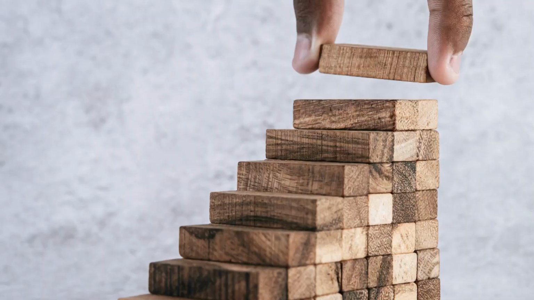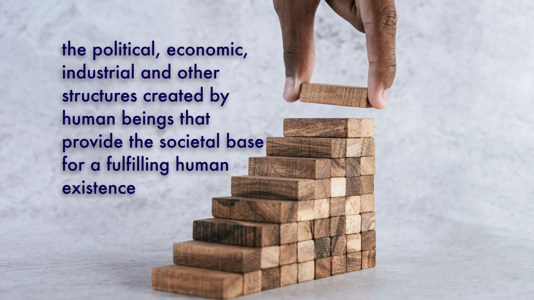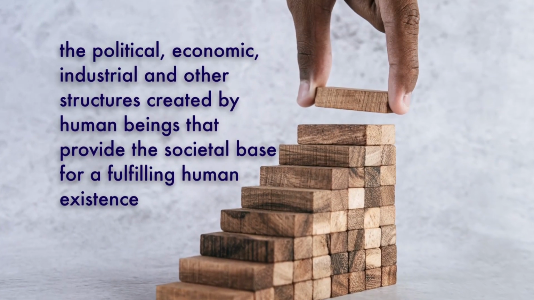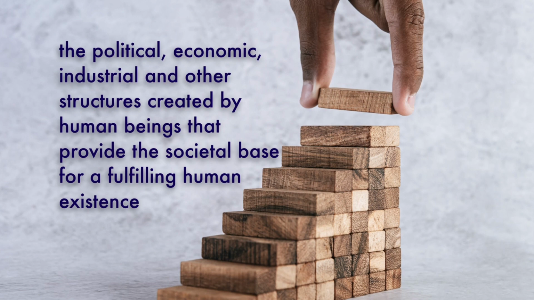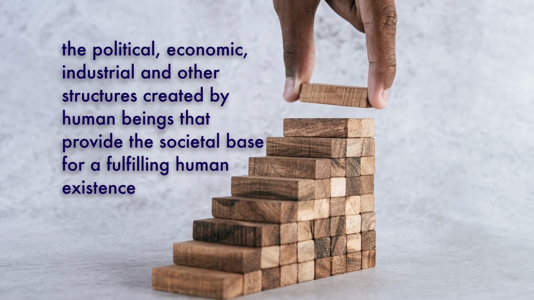When we talk about the social system, it is the political, economic, industrial, and other structures created by human beings. This system provides the societal base for a fulfilling human existence.